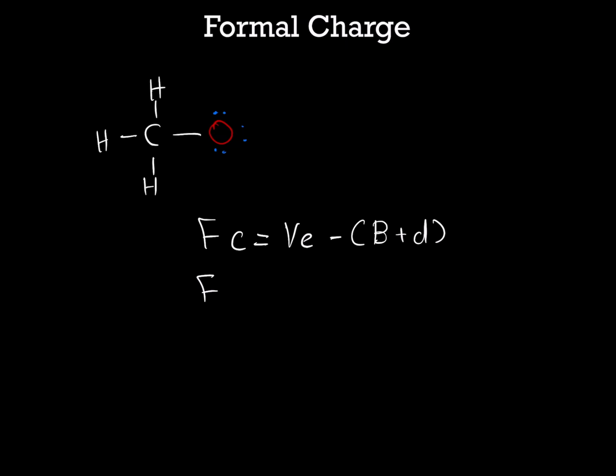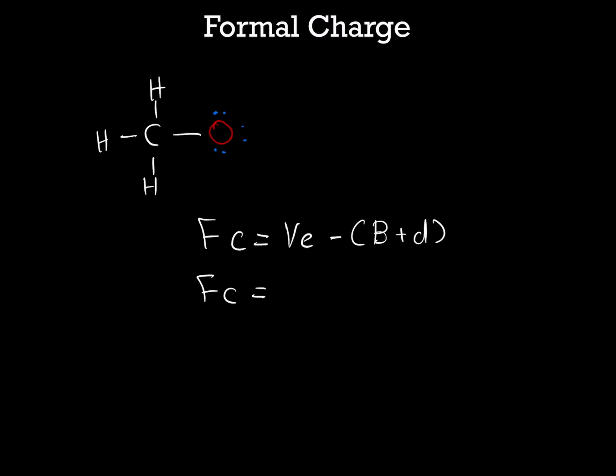In the last example, let's go over an example of an oxygen. In this situation, we have an oxygen which is bonded to a carbon, and it has 3 lone pairs, so it has 6 dots. In order to calculate the formal charge, we need to figure out how many valence electrons it has.